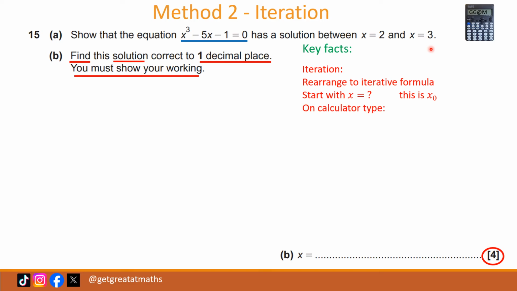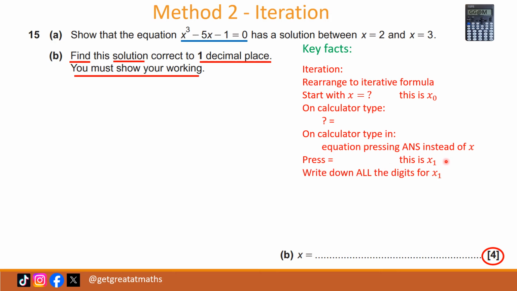Then on your calculator you are going to type 2 and then equals, or whatever value you choose to start with, and equals. Then on the calculator you're going to type in the equation pressing the answer button instead of the x value, and then you're going to press equals, and this will give you the x1 value. You need to write down all the digits at this stage for x1.